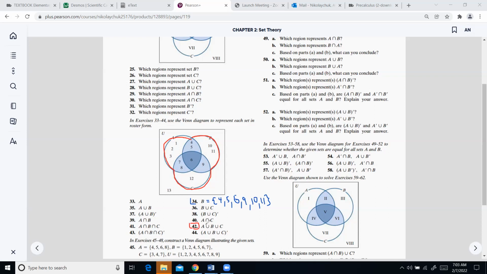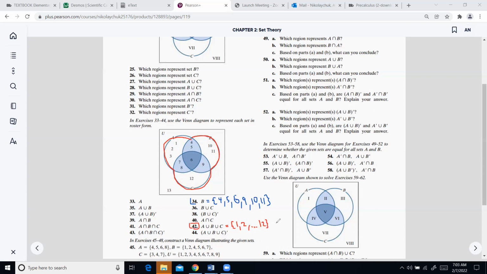I need to take everything that is covered by these 3 sets, by either one of them. You can see that pretty much all the elements here are present, except for only one of them, number 13. I'm not going to list all of them. I'll just say all the way through 12 is here, and then 13 is out.